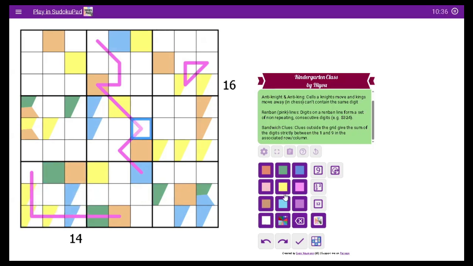Now I'm going to let this square be gray. Okay, and let's play the same game. Gray in this box can't go here. It can't repeat on its Renban. It's not blue or orange, so it must go there. Which means down here, gray is not orange, so gray must go there.